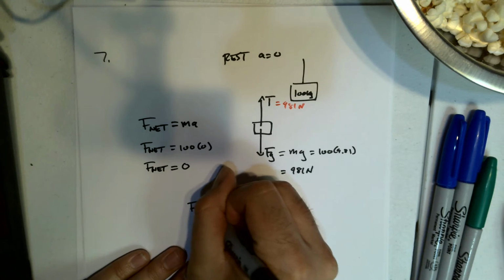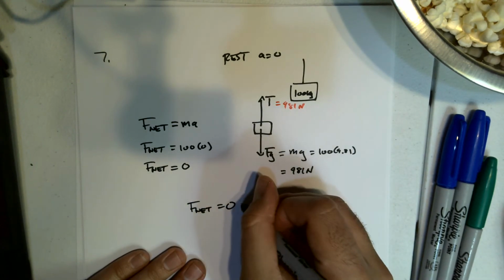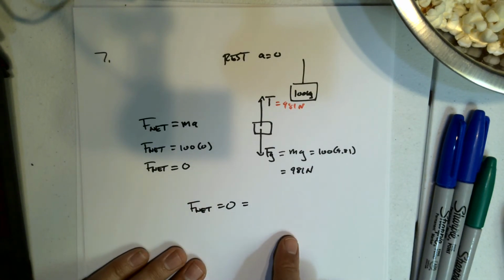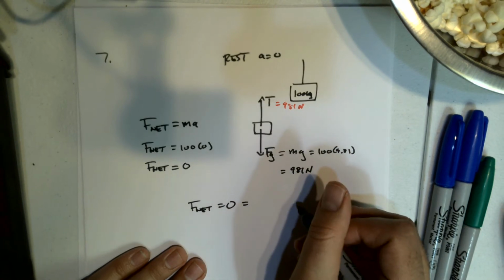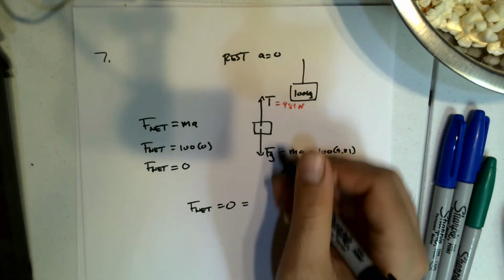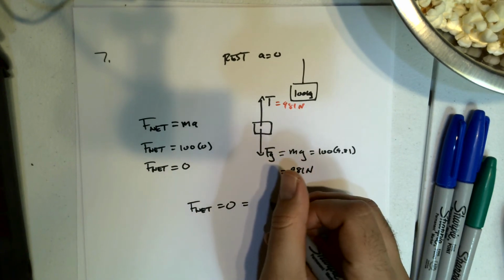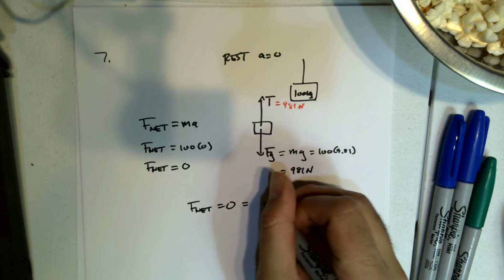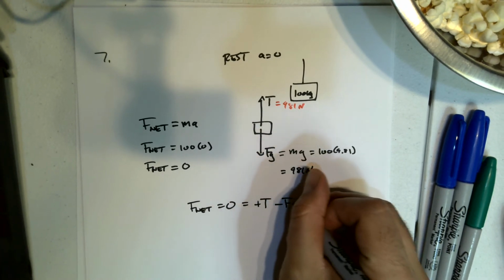Once you have the numerical value for F net, and you know that it's 0, what you can do is write another equal sign here and represent all my forces mathematically. So what I could have done is put the tension and the force of gravity in here to represent my net force. And this is your opportunity to use mathematical sign to indicate direction. So my tension would have been positive and my gravity would have been negative.